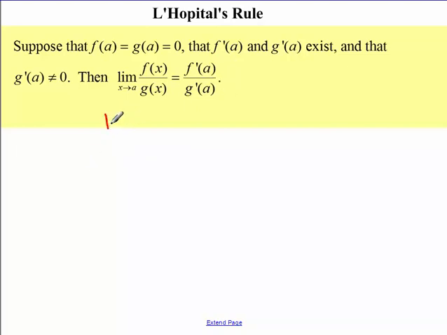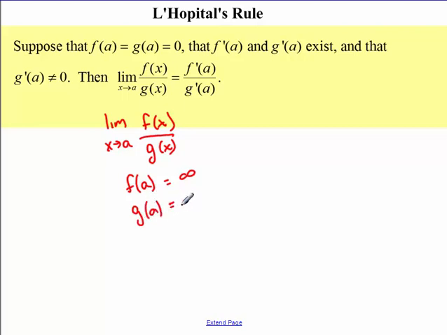Now there's also an indeterminate form where f of a is infinity, so there's an asymptote, and g of a is infinity. So your two indeterminate forms are 0 over 0 or infinity over infinity.